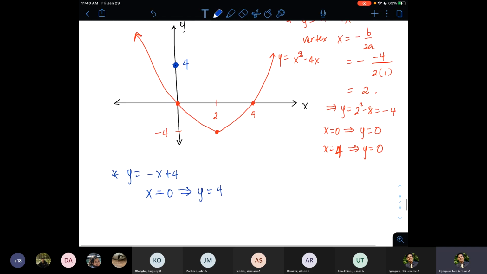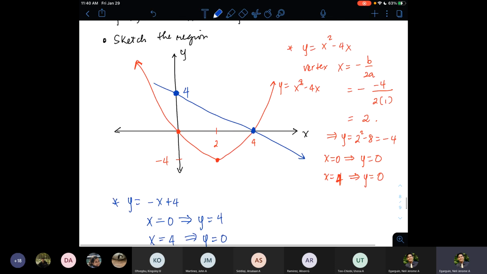And then say if x is 4, then I'll get y equals 0. Okay. And it just so happened that I was very lucky to already get one of the points of intersection by just picking the right point, right? So the shaded region looks like this.